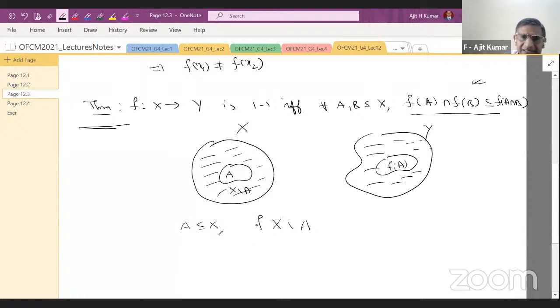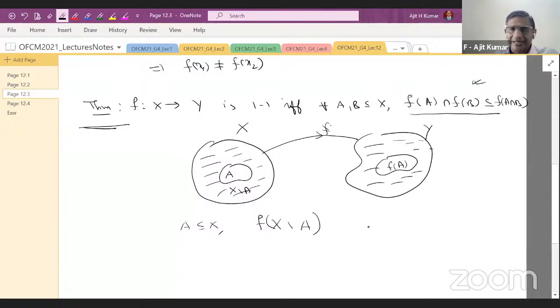Now let us take the image of this complement, A complement, which is X minus A. From here to here you have the function f.